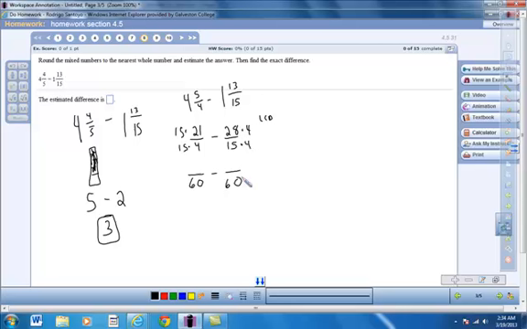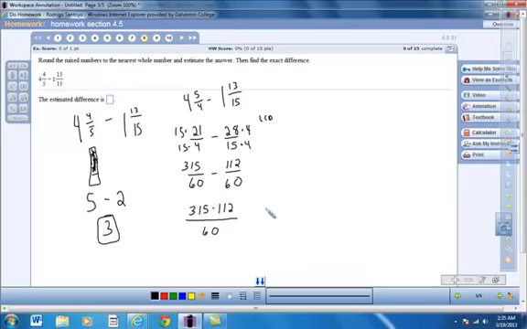And then we do 15 times 21. This first one will be 315. And we do 28 times 4. I'll get the second one to be 112. So now that we have similar denominators, we will be able to subtract.